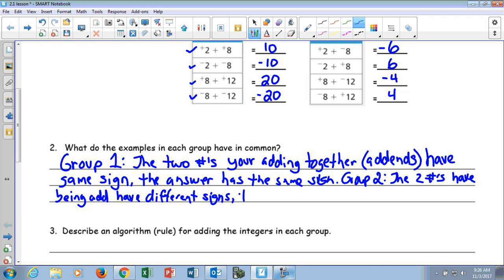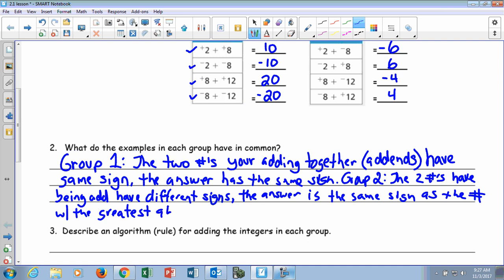The answer is the same sign as the number with the greatest absolute value. So what does that mean? Well, take a look at number 1. Take a look at this one right here.